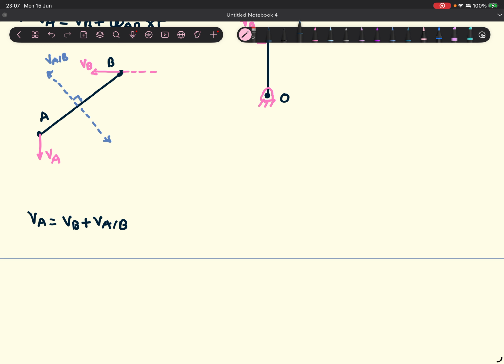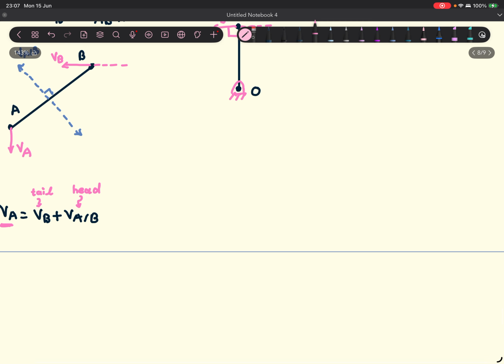to B. And we know that VA is going to start at the tail of VB, and it's going to end at the head of VA relative to B. So we draw in the vector that we know, VA, and VA must start at the tail of VB.